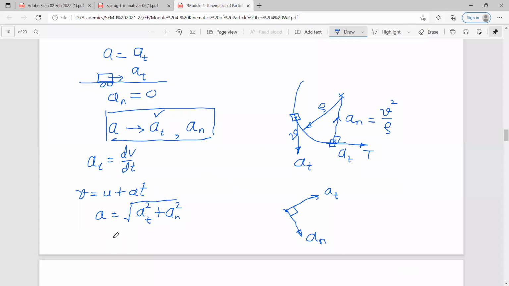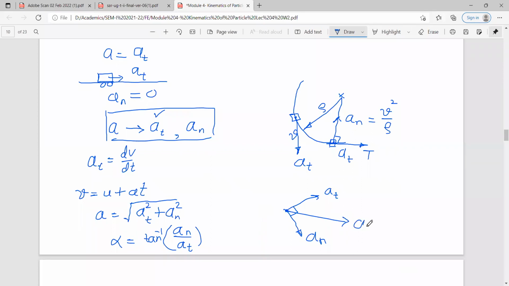I can add like this, and I can also find out what will be the angle of this acceleration. Say alpha is equal to tan inverse of an upon at. So this alpha is measured with respect to tangential component. Suppose here if I show the total acceleration, then I will show it like this.